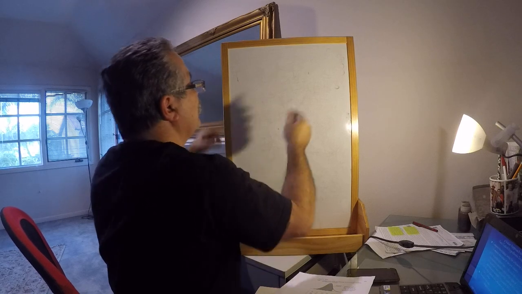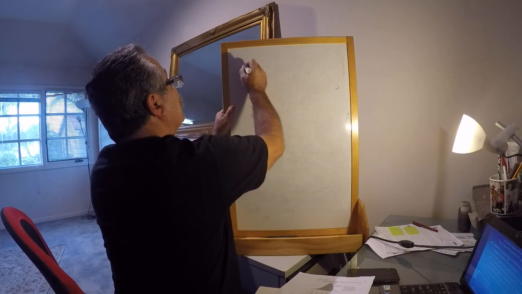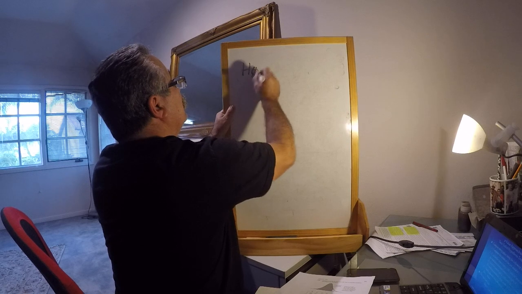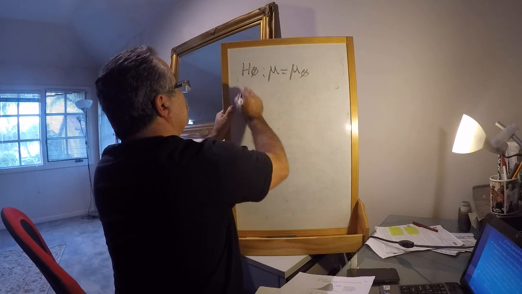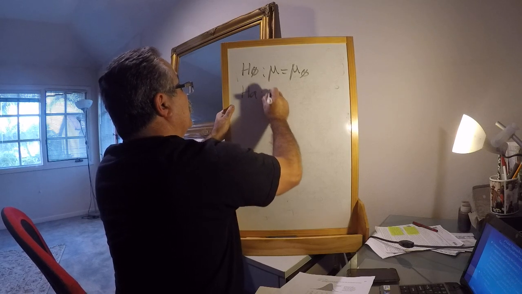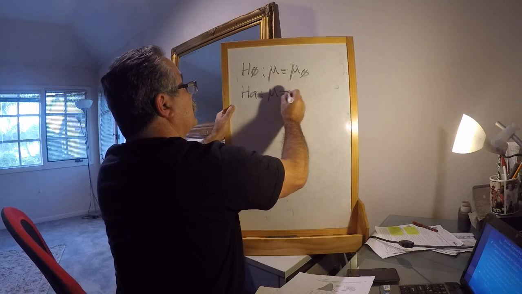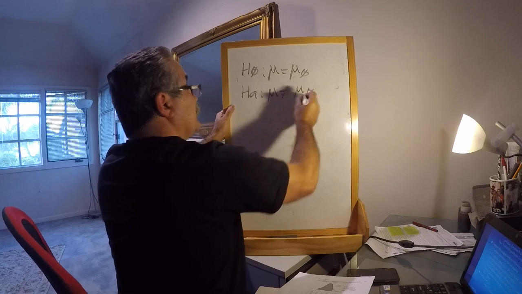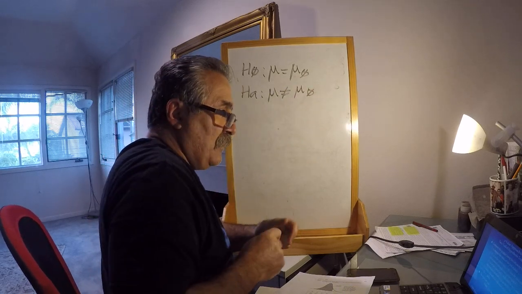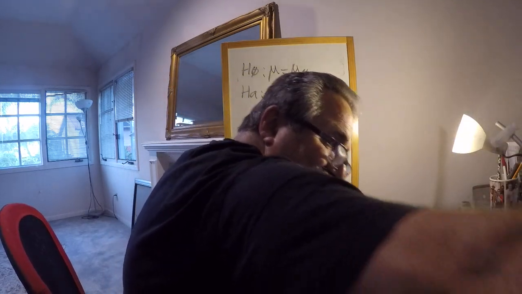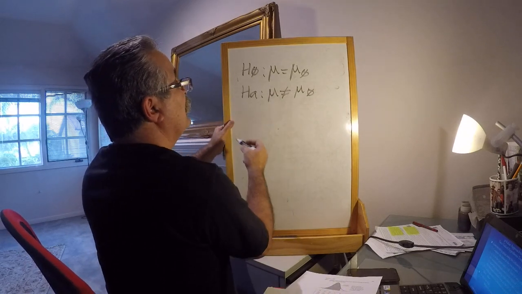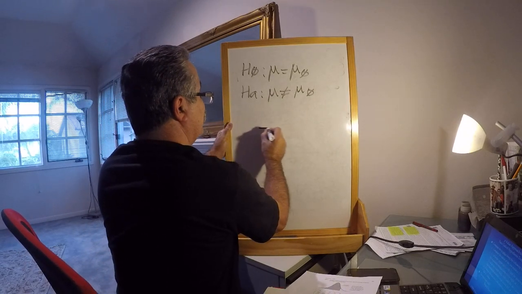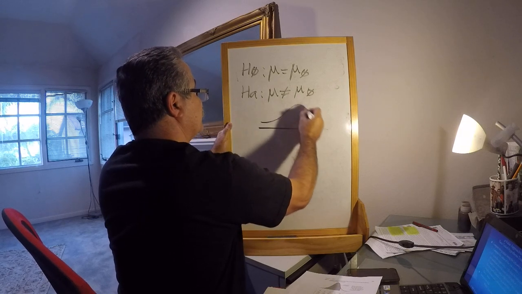For two-tailed, when we have H0: mu is equal to mu sub 0, HA: mu is not equal to mu sub 0, this is the two-tailed hypothesis testing.